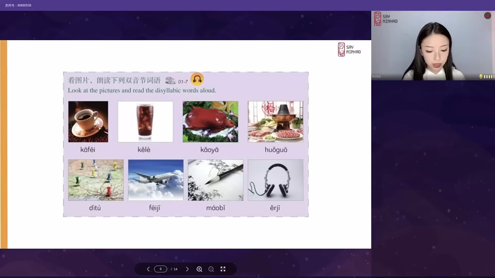Now let's try to practice some disyllabic words. For disyllabic words, one tricky part is to separate these two characters. So where should we separate them? We should separate them between the final of the former one and the initial of the latter one.